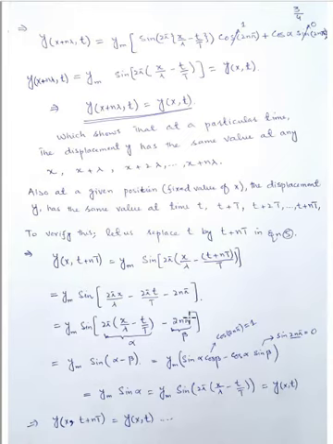Let us call this one alpha and this one beta. Again use the angle identity of sine of alpha minus beta. So we get over here the same result, that is y(x, t plus nT) is equal to y(x, t). That is, at a particular location, if you have some vertical displacement, then after adding any integral multiple of the time period, you will have the same displacement y.